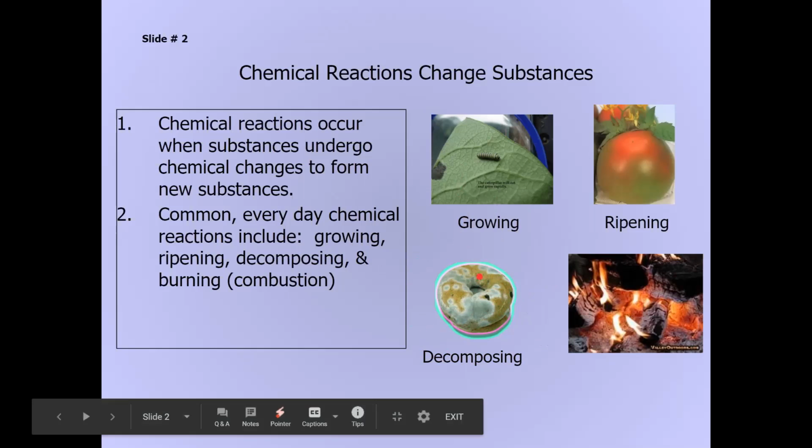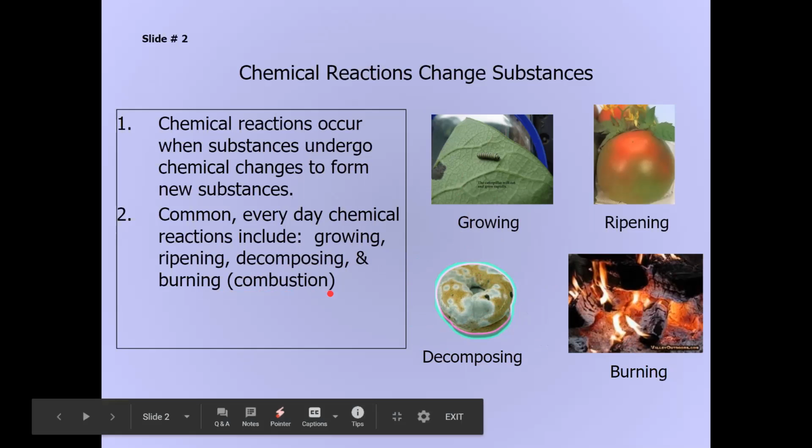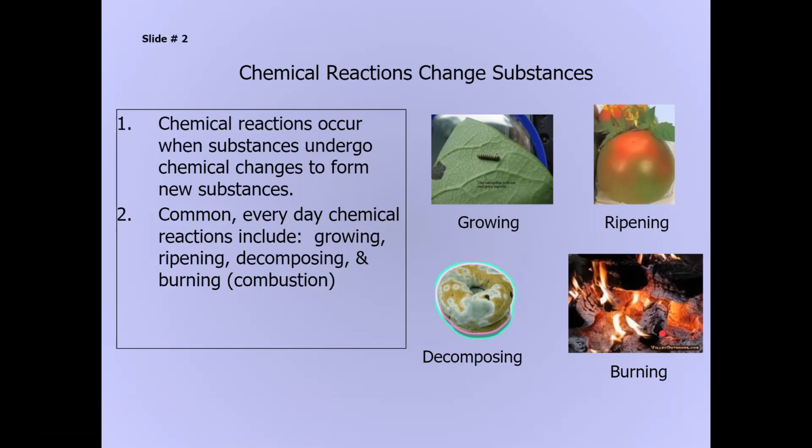And then finally, one that we talked a lot about when we were talking about chemical changes is combustion or burning. So you set a log fire. The chemical reaction is what's producing all of the heat and the light that we're feeling and seeing.